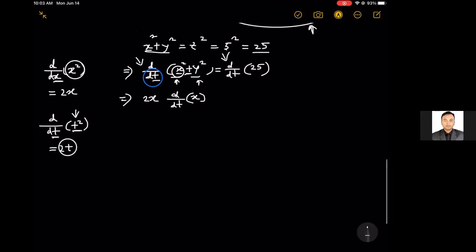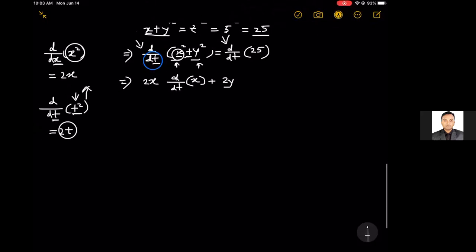And the same goes for y squared. For y squared, it's 2y, but it's not exactly the t. So we need to find the derivative of that in terms of t. Do you agree before I move any further?